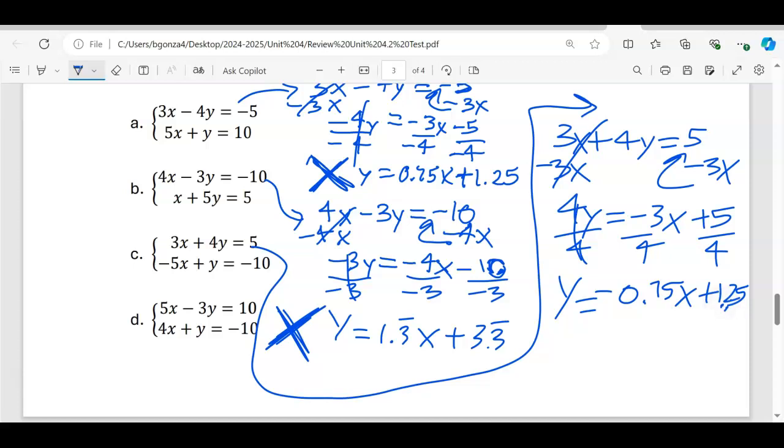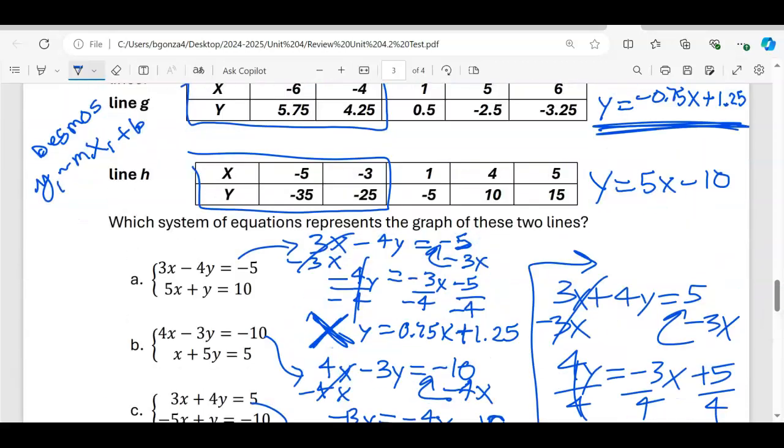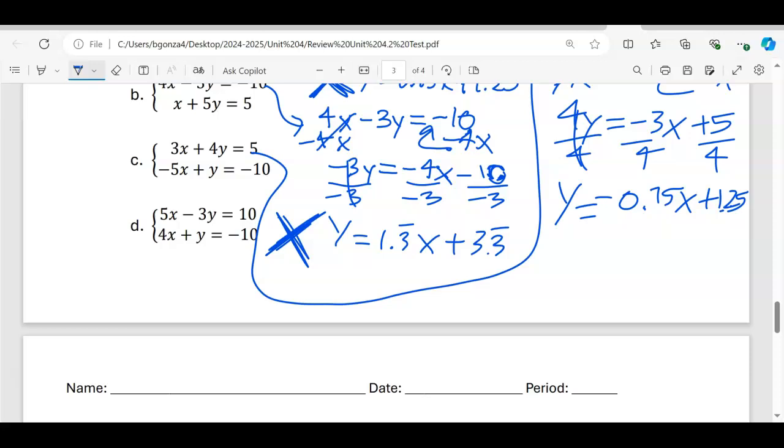And that is what you're supposed to get, right? Up here. So that matches right here. That's what we need. That's great. And notice how the last one doesn't match. So it's got to be C.